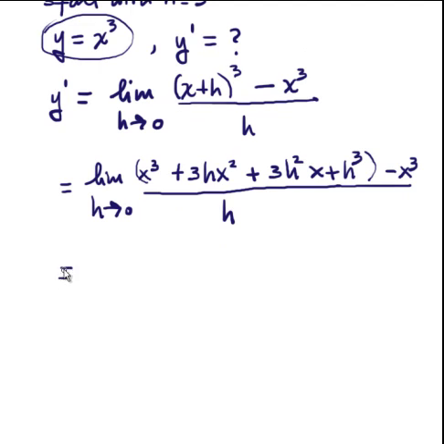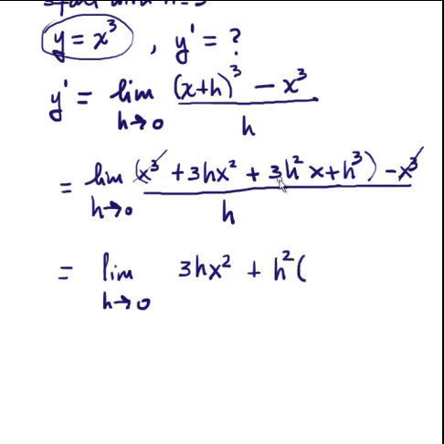Let's rewrite this. First of all, we're going to cancel the x cubed and the minus x cubed. So this is the limit as h goes to 0. These cancel, so I'm just left with these terms. I'm going to write the 3hx squared first, and here I'm going to factor out h squared.